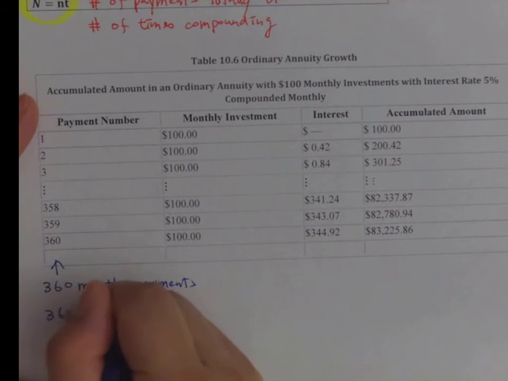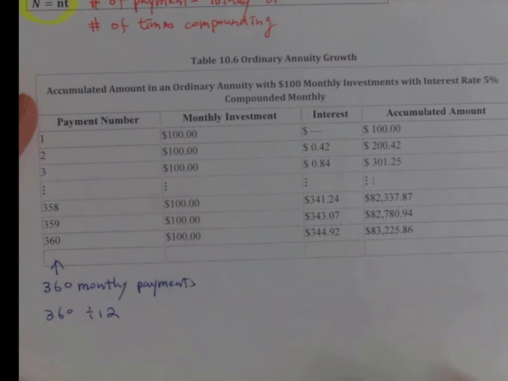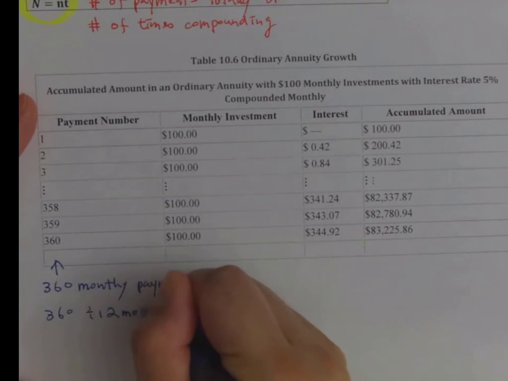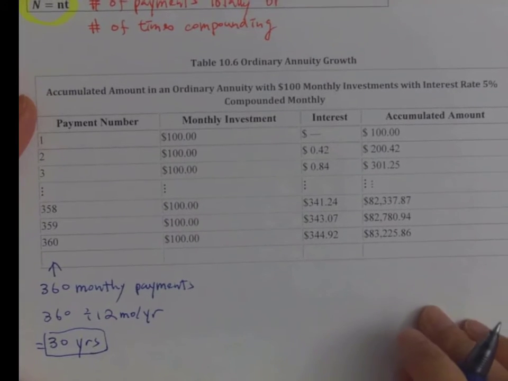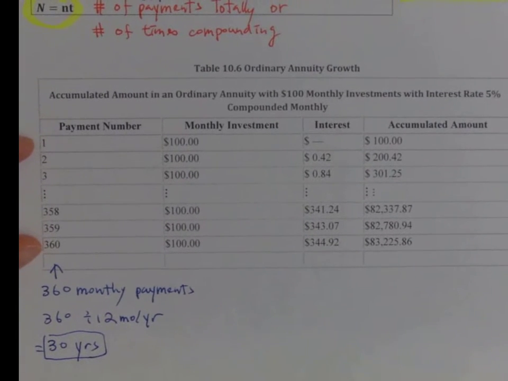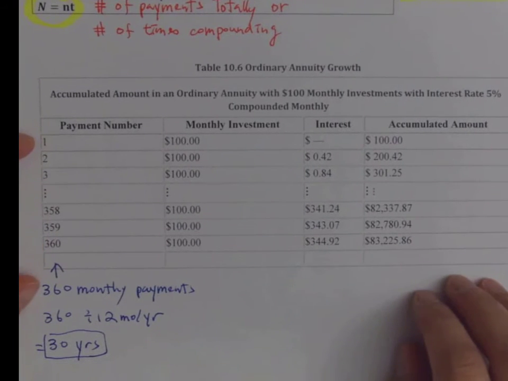So 360 divided by 12 months a year is going to show I totally did it for 30 years, right? So this is an annuity that you pay in every month for $100 for 30 years. So totally you have 360 payments, right?